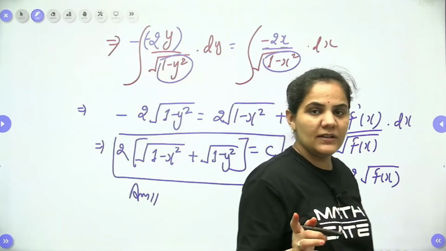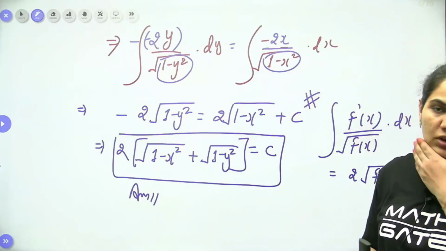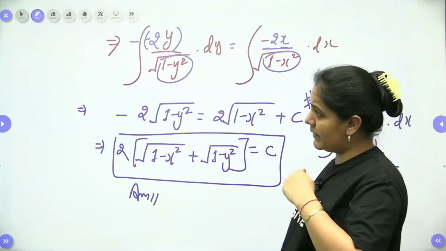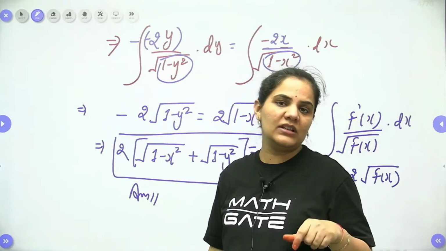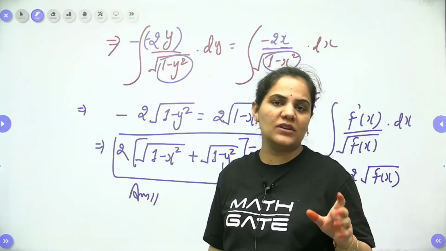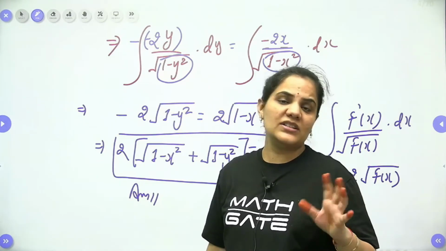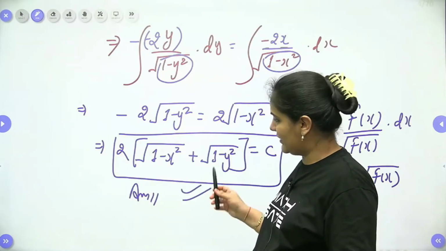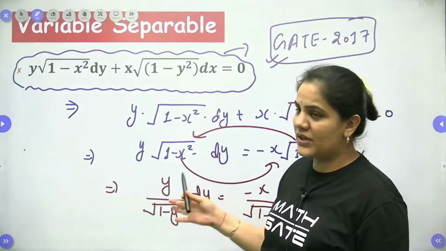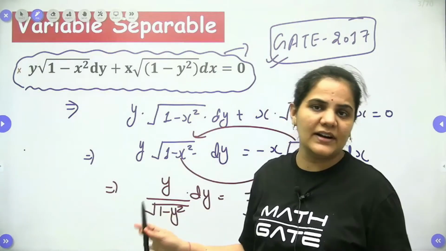So there is flexibility in the questions of the variable separable method, that you can change your answer with respect to the option. Whatever you have in the option, you can change accordingly. That's why I am leaving it here only, because I don't have an option in this particular question.